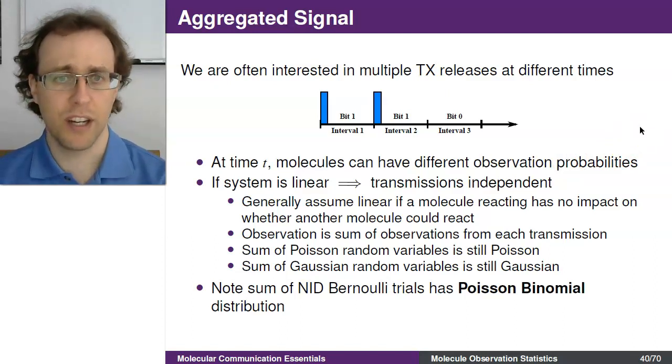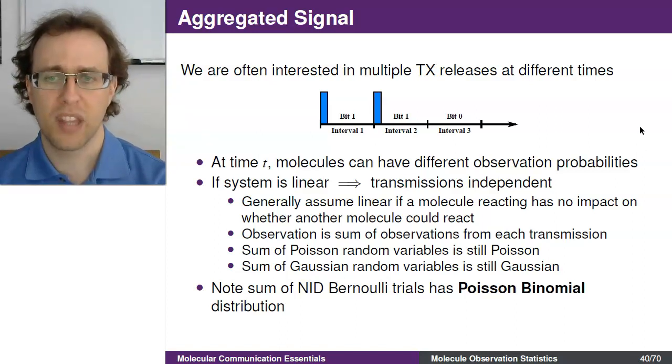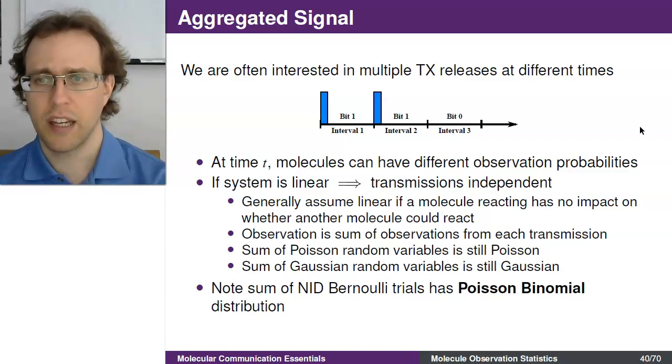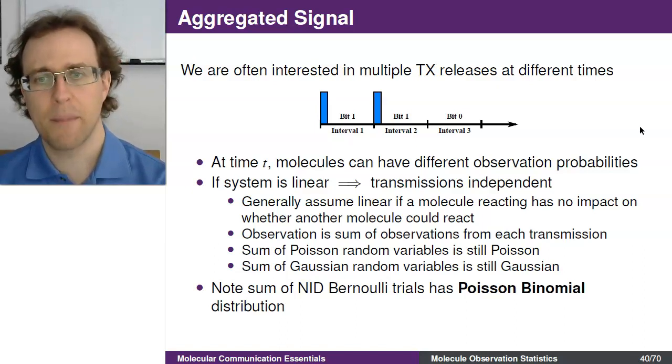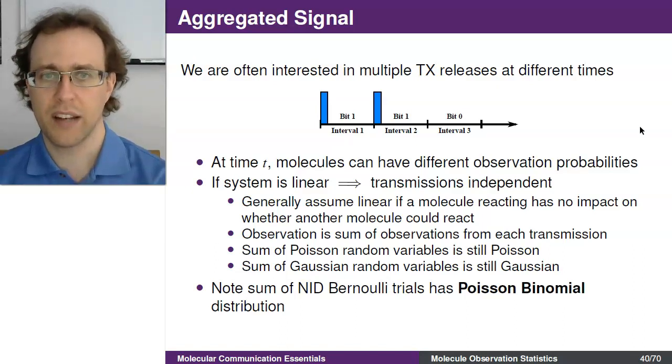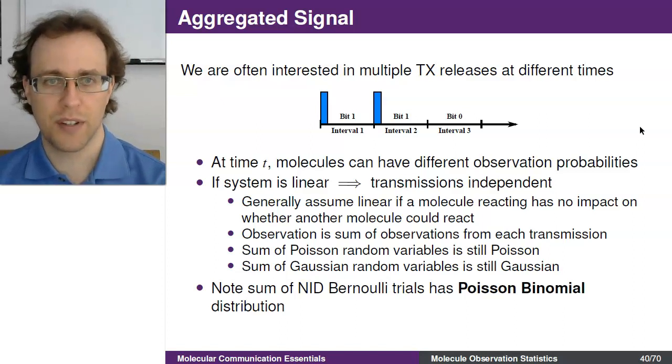Now, if your system is linear, then the transmissions are independent and we can use superposition. And generally, we can assume the system is linear if any reactions that happen between one of these transmitting molecules have no impact on whether another molecule could react. So in other words, let's give a counterexample.